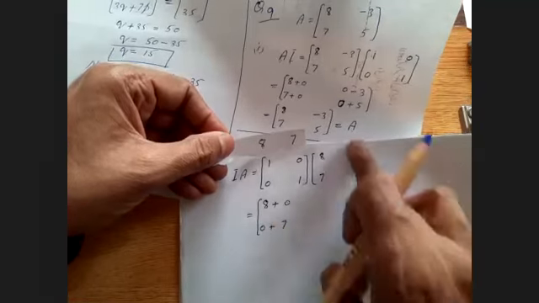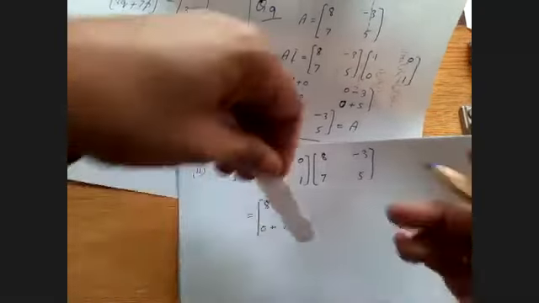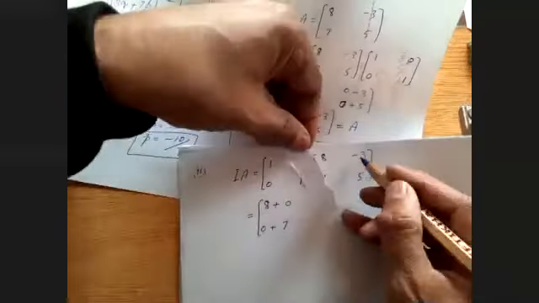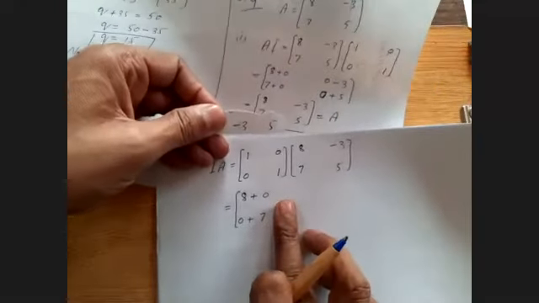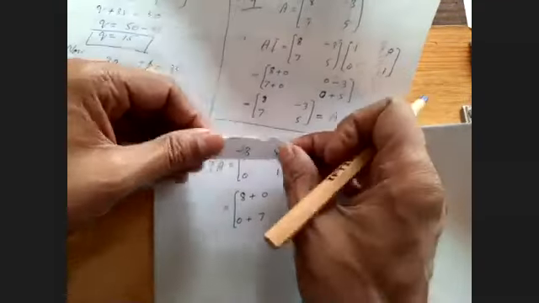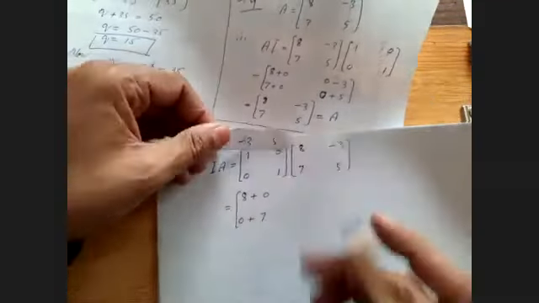Now the second column. Come to the second column, which is -3 and 5. I am writing it here, -3 and 5. This is the second column. Now you have to leave the gap here to multiply with the second column. -3 into 1 gives you -3. 5 into 0 is 0. -3 into 0 gives you 0. 5 ones are 5.